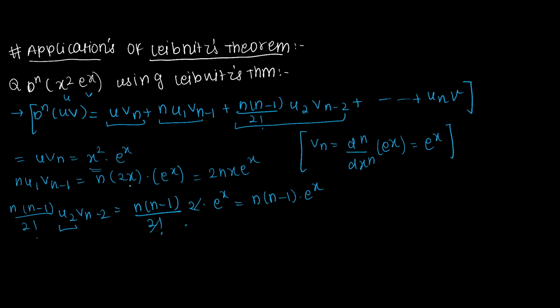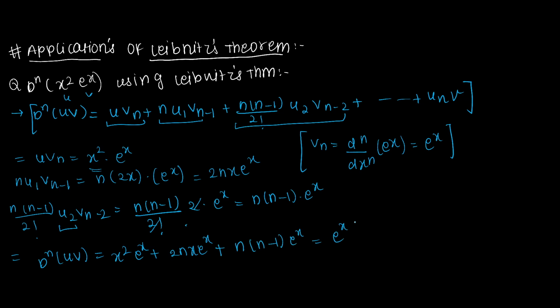Since it's a polynomial, differentiating it a finite number of times will give me 0. So differentiating x square till second order is okay, but if I move forward, I'll be getting all the rest expressions as 0 itself. Now since I have value for all these three terms, I'll write this as dn uv equals x square e power x plus 2nx e power x plus n minus 1 e power x.